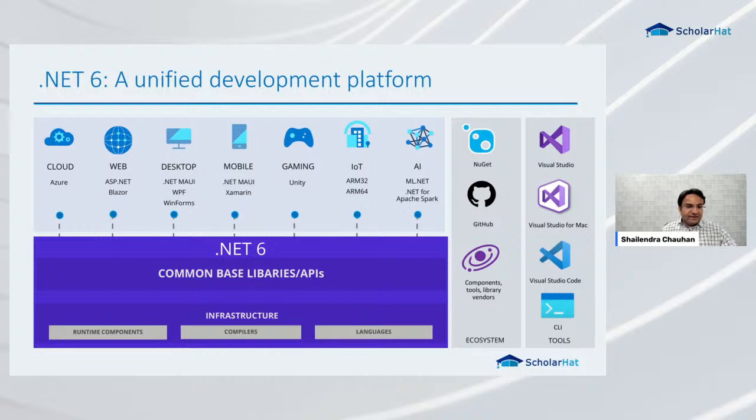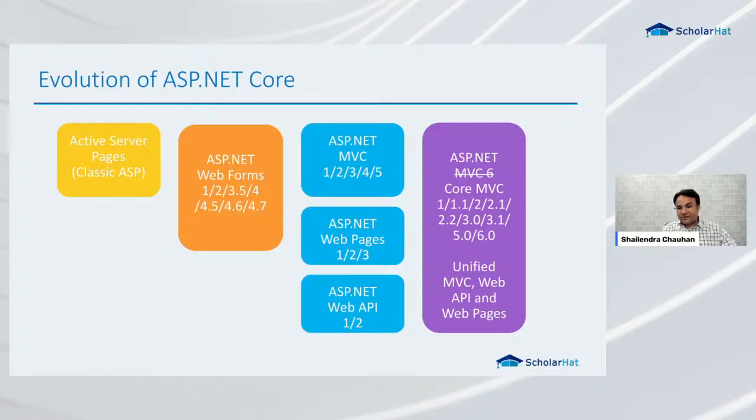Then move to the next slide, how ASP.NET Core has evolved. If you look here, we have Active Server Pages. Initially Microsoft came with classic ASP, which we can use for building websites, or you can say web applications.